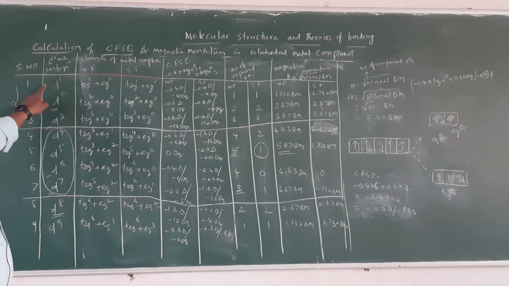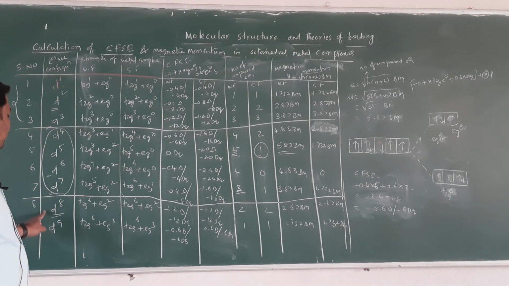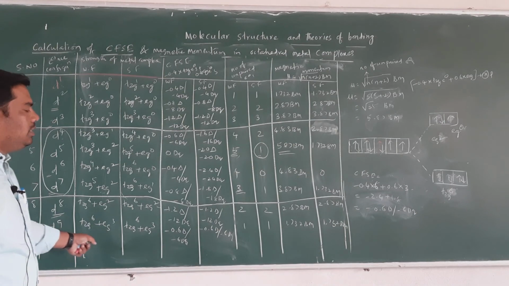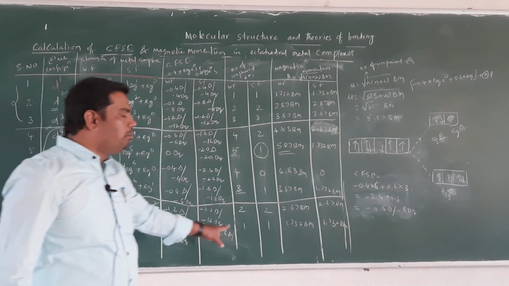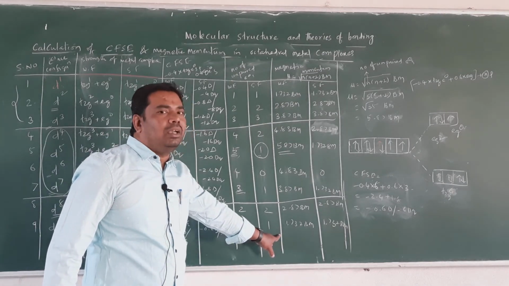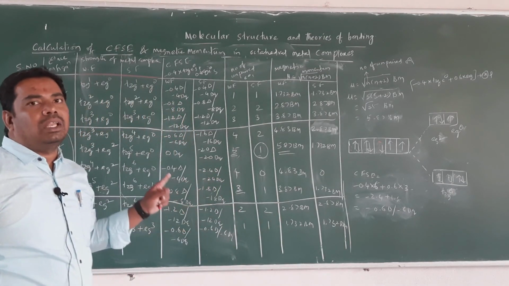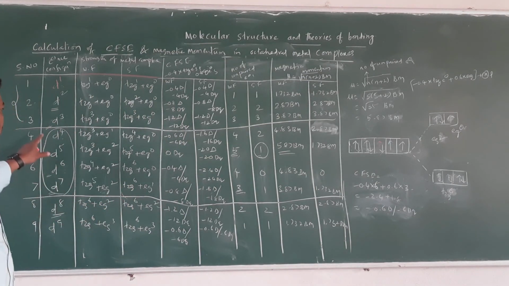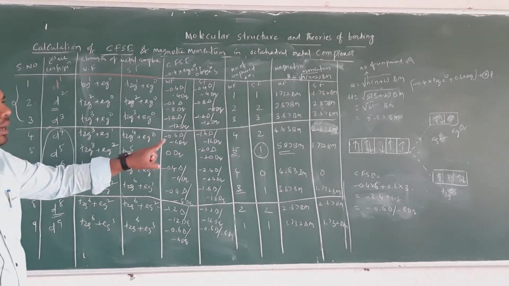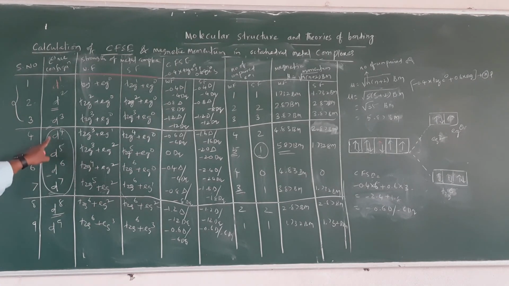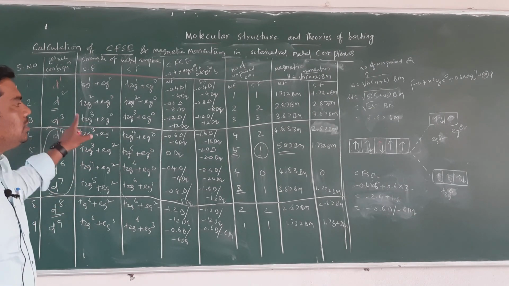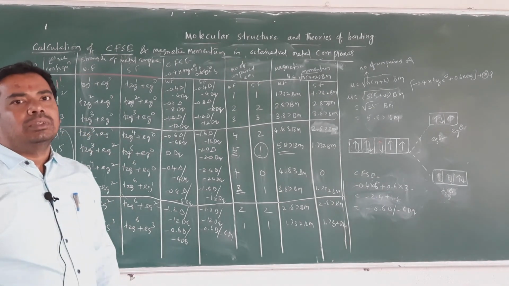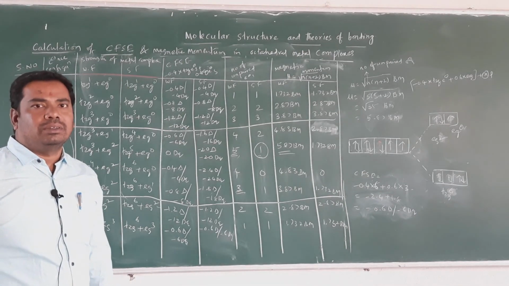Remember, students, for d1, d2, d3, d8, d9 configurations, the CFSE values, t2g and eg configuration, number of unpaired electrons and magnetic moment values are the same. Only for d4, d5, d6, d7 configurations do they vary. So this data is very important for competitive exam aspirants. Okay, right. Thank you.